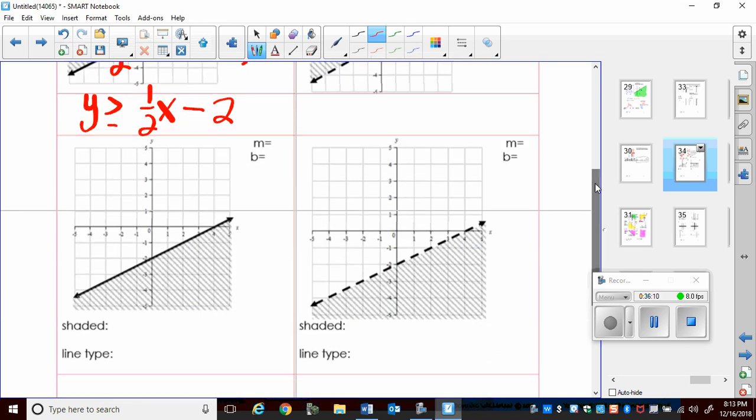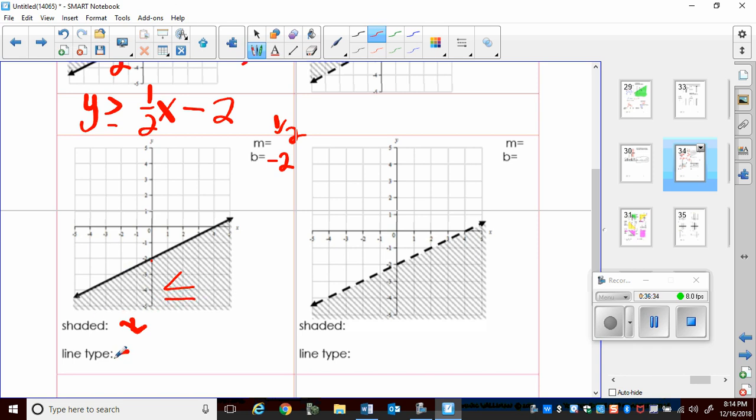Down below, similarly, my y-intercept is at -2. My slope is 1/2, the same slope. I'm shading down, so it's less than. And the line type is solid, so it's equal to.